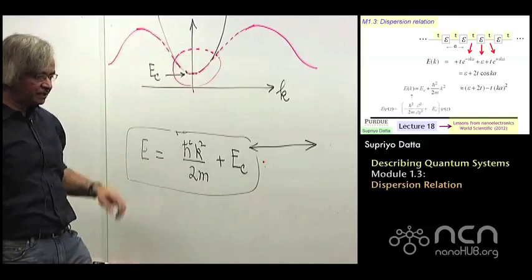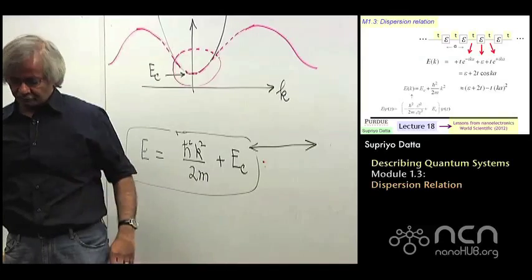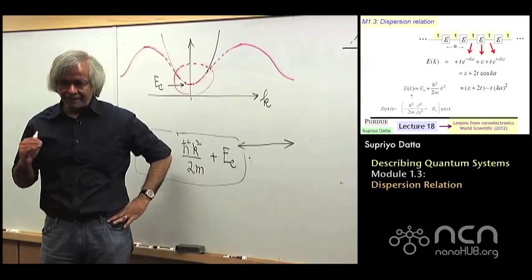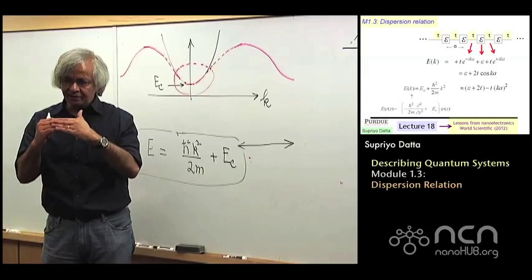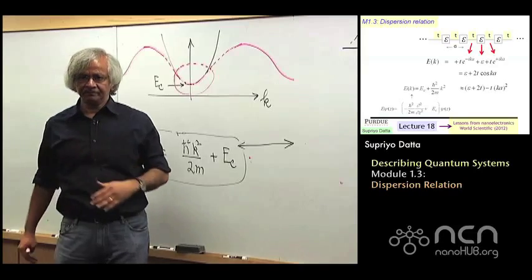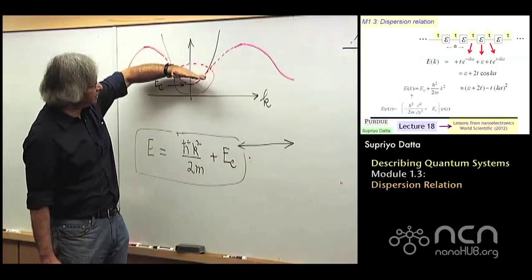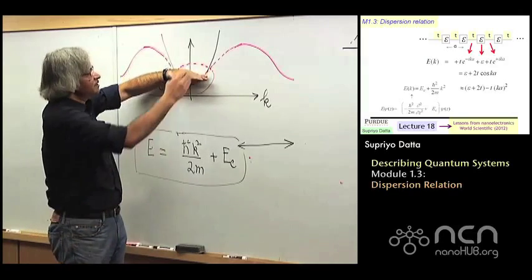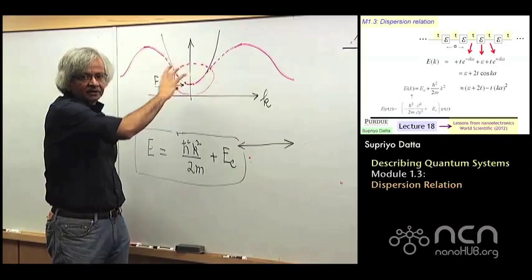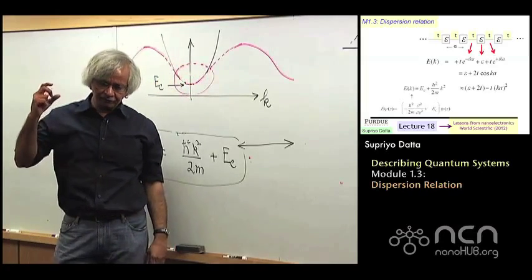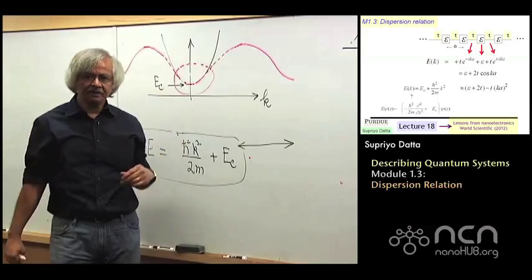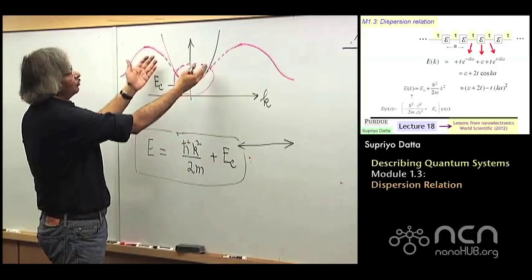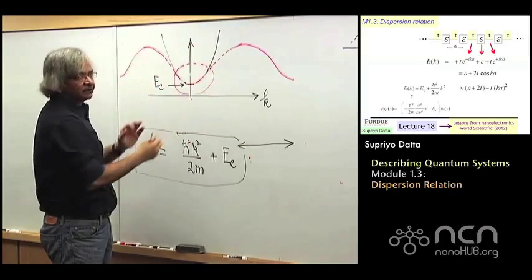One of the points I made in part 1 of this course is that when it comes to current flow properties, what matters is the electrons right around the electrochemical potential. Usually, for a solid in equilibrium, there's an electrochemical potential that tells you how far the states are occupied. And what matters is the EK relation of the electrons right around there, over a range of a few kT plus the applied voltage. So if you're trying to model electrons, you make sure that over that range, you describe the EK relation quite well.